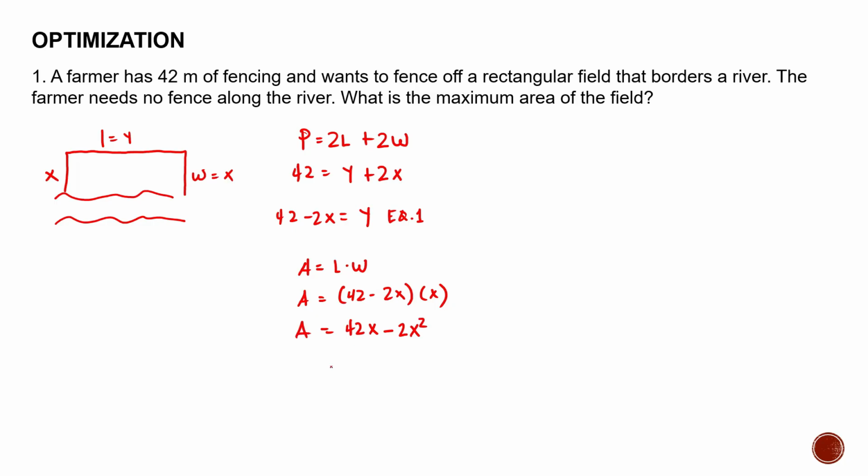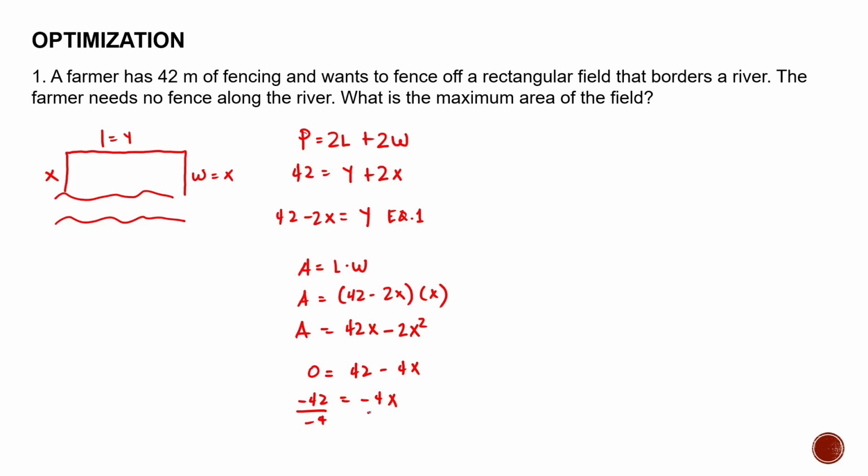Okay, so for this one, the next thing that we will do is find the derivative of 42x minus 2x squared. So the derivative of that is 42 minus 4x. Now for this, let's compute the value of x. So negative 42 equals negative 4x.